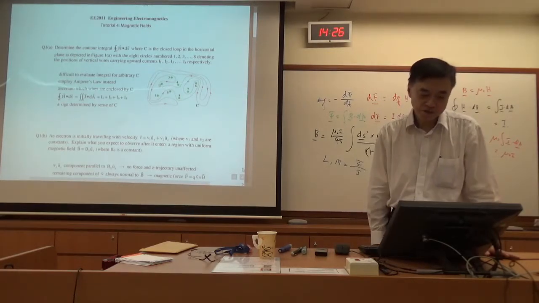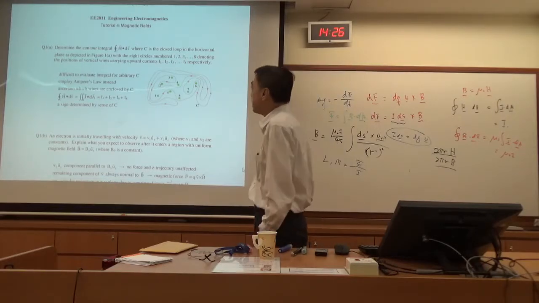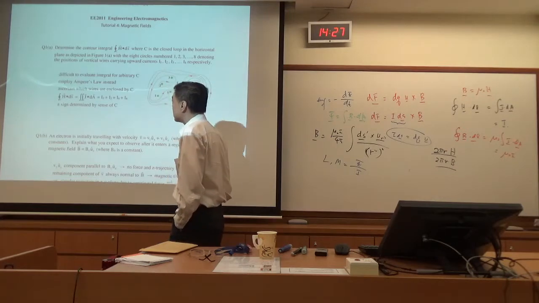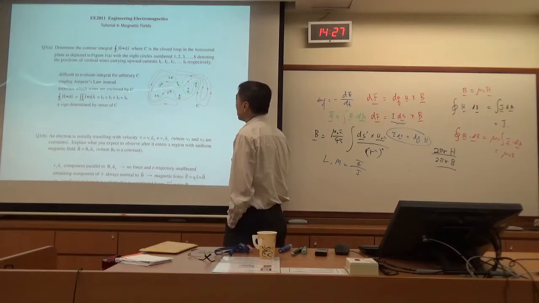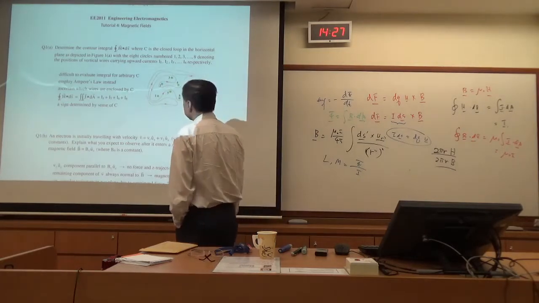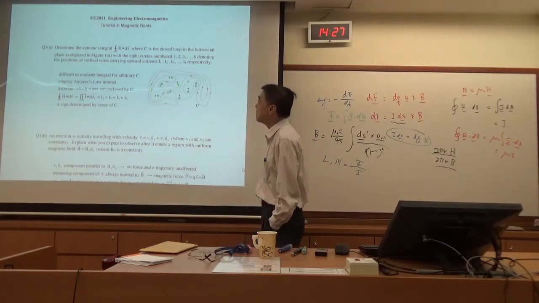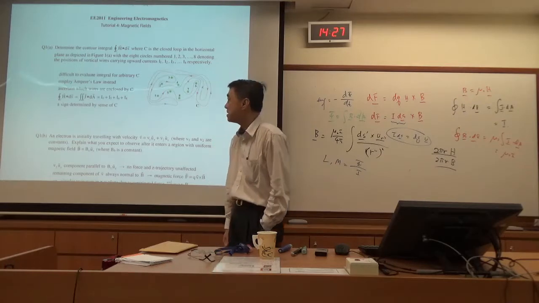Tutorial question 1a. Determine the contour integral of H dot ds, where C is the closed loop in the horizontal plane as depicted in figure 1a, with the 8 circles numbered 1 to 8 denoting the positions of vertical wires carrying outward currents I1, I2, I3, I4, I5, up to I8 respectively.